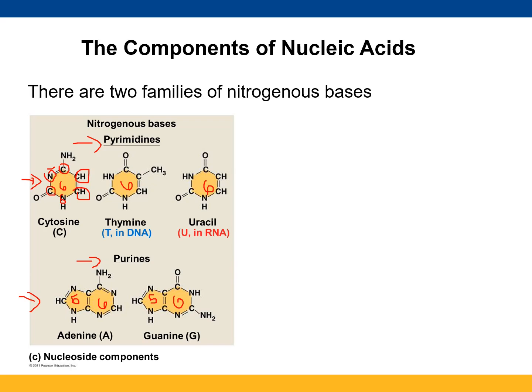You have a structure of a ring of 6, and this will have 2 rings of 5 and 6. The other difference is that while purines are found in DNA and RNA, pyrimidines have components that are only found in the DNA, and another one, uracil, is only found in RNA. So these are 2 key differences.